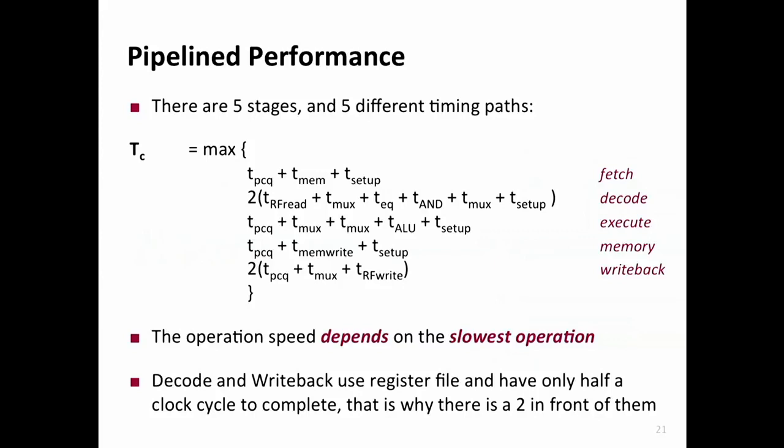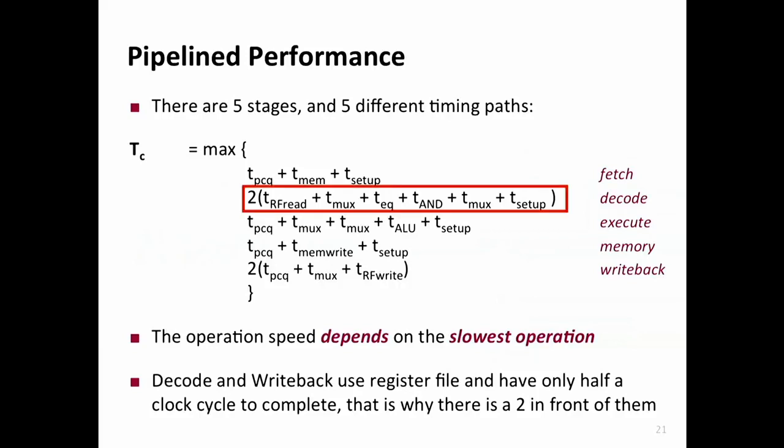Decode and write back use the register file and have only half a cycle to complete. That is why there's a 2 in front of them, basically. They really need 2x cycles to finish. Because you're assuming that you finish that operation within half a cycle after the write back completes. Now that will turn out to hurt us.